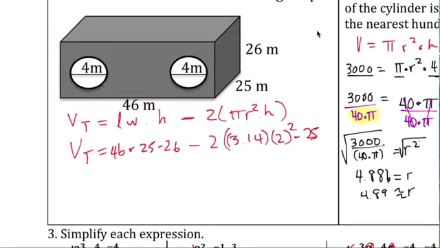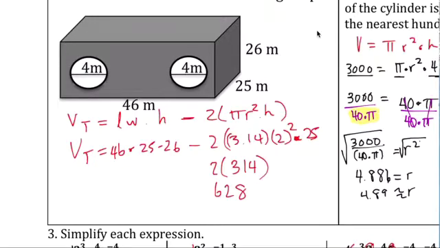Okay. So let's do the inside first. So 3.14 times 4 times 25. We got 2 times 314, which is 628.